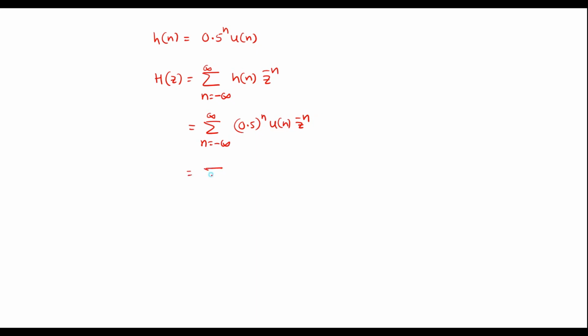Here u of n indicates that the signal is right sided signal, that is the signal value is 0 for n less than 0. It means that n varies from 0 to infinity.